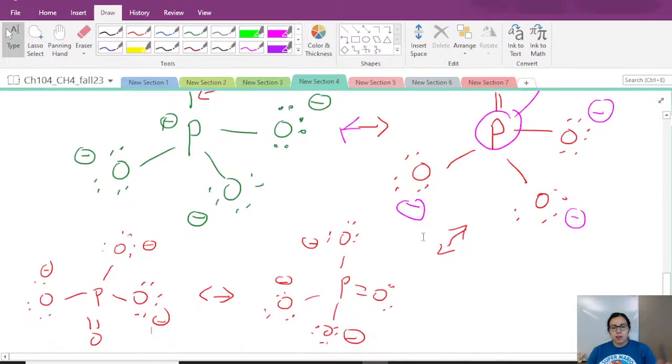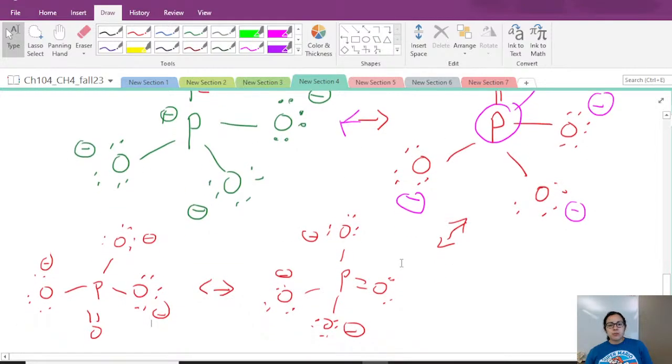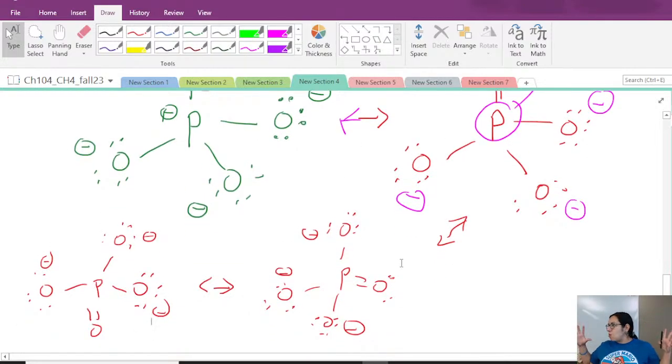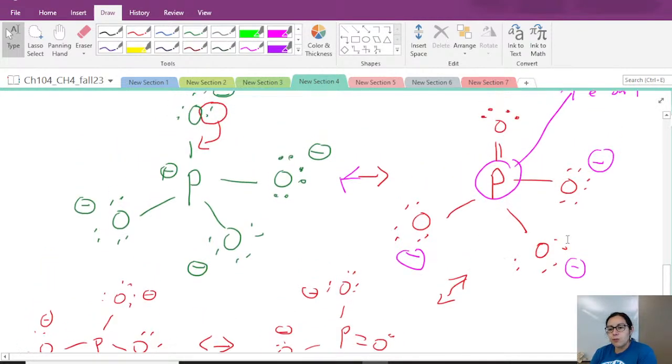To get a full understanding of phosphate, we'd have to imagine taking all the resonance structures and averaging them all together. So you have a -3 charge distributed among 4 oxygens. So just different ways to think about it.